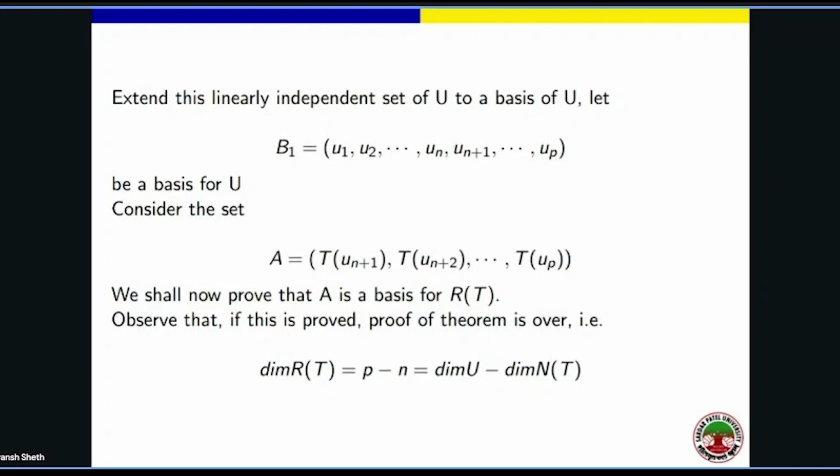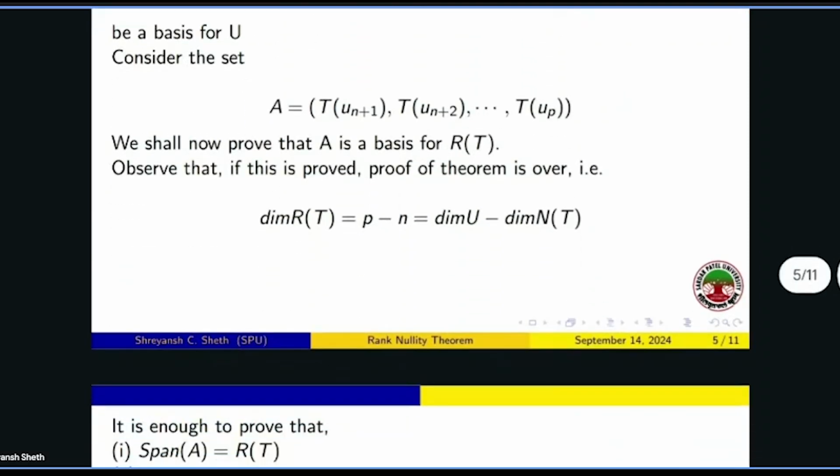Yes, true. So I need to prove that the span of this set A will give you the range space of T, and this T of u_{n+1}, T of u_{n+2} up to T of u_p, these vectors are linearly independent. Okay, so let us see how we need to prove.